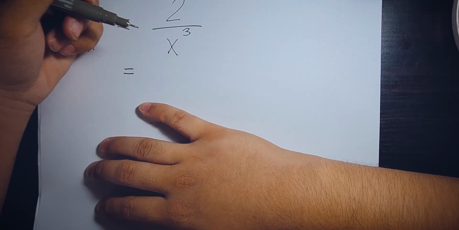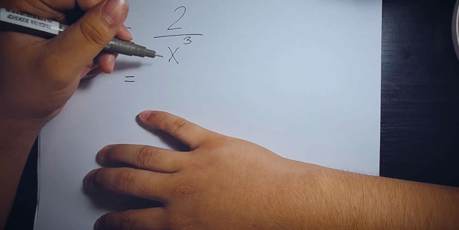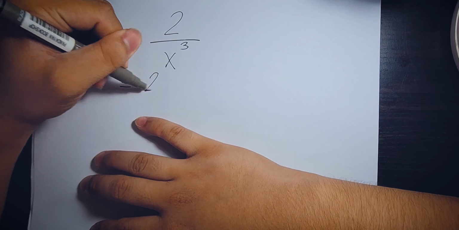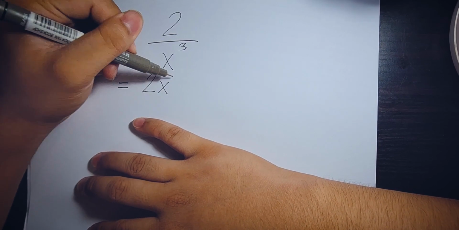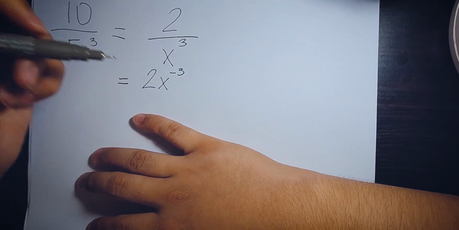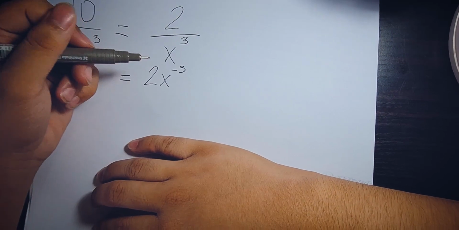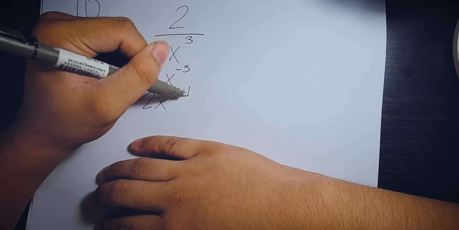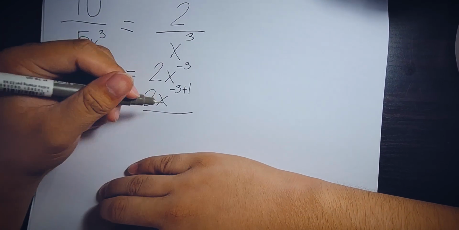We will turn the fraction into its improper form by moving the x to the power of 3 up to the numerator, and then turn the exponent into a negative. After that, we will add 1 to its exponent and use it as our denominator.